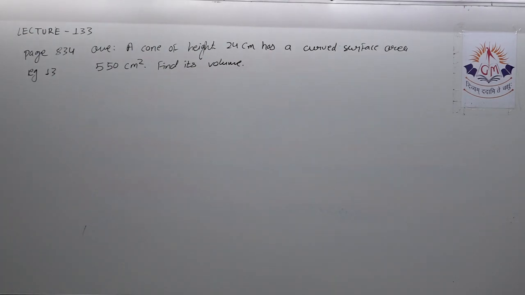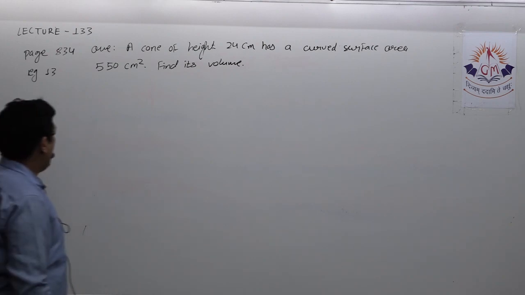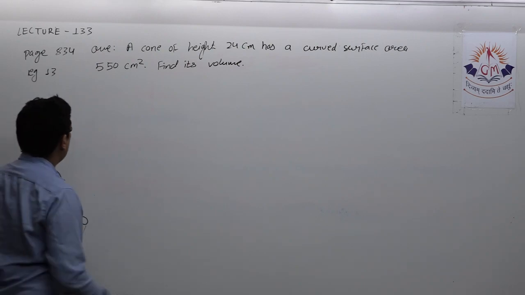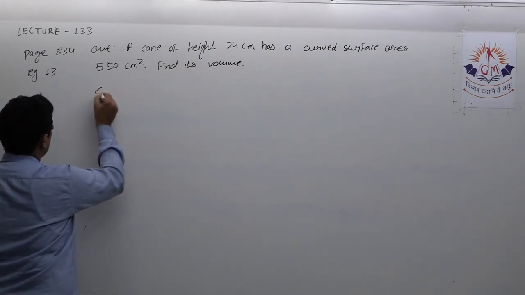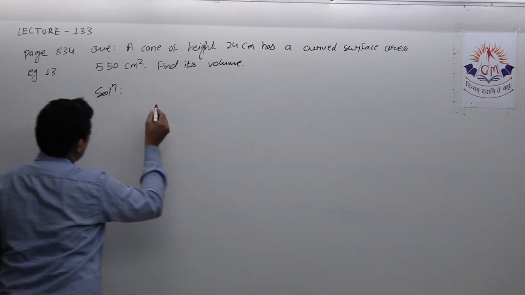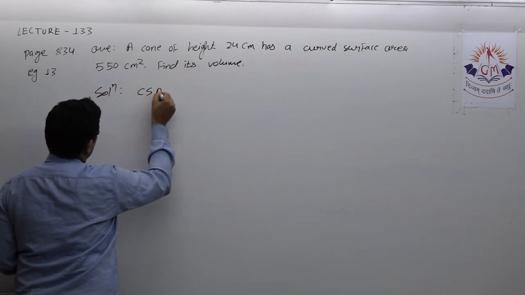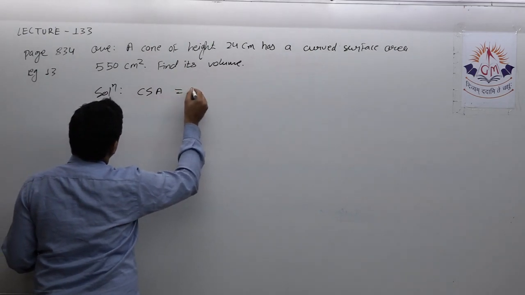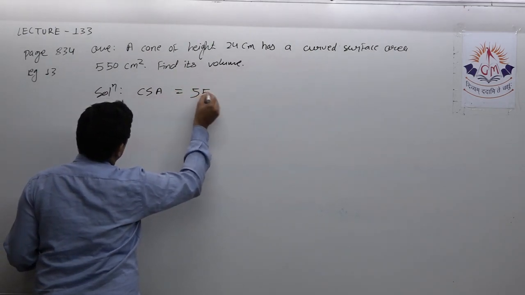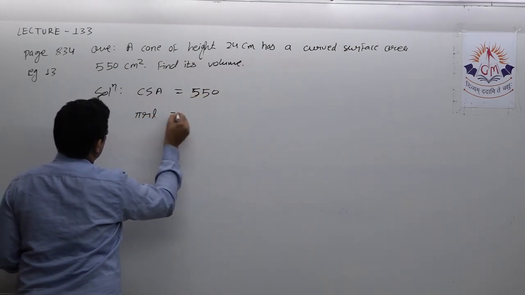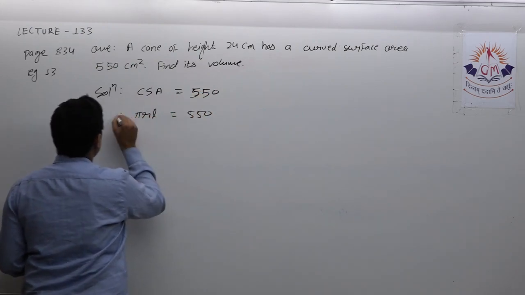Okay, so we know to get the volume we must have its radius and height. Let us see how to find this. See, we have curved surface area, CSA of cone is equal to 550. According to formula, it is pi R L is equal to 550.